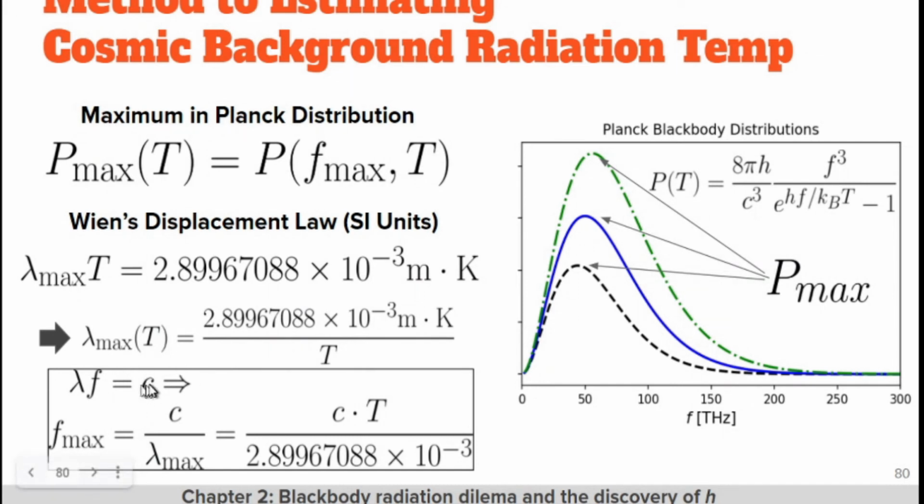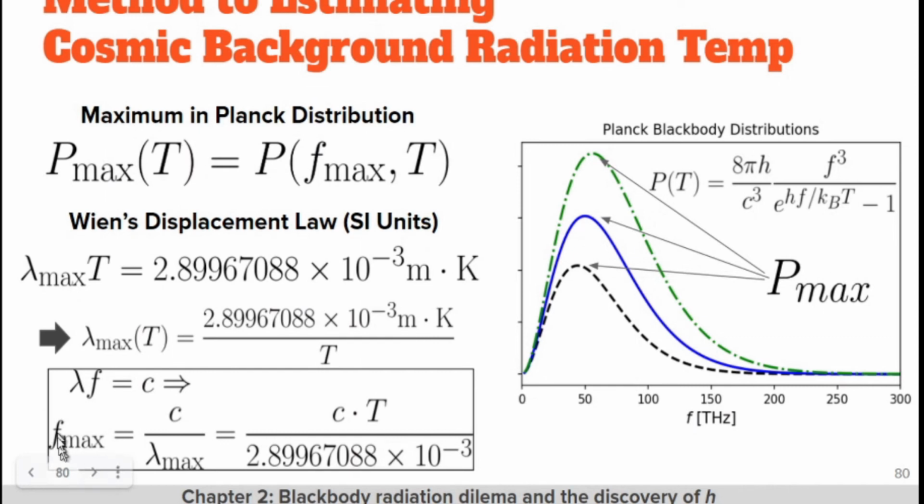So if we know this lambda max, then we can figure out the corresponding frequency max, which is just c divided by lambda max. So we get this function, which is proportional to temperature. This little c here is just the speed of light, something like 3 times 10 to the 8 meters per second. And then this is just a constant multiplied by temperature. This is the value for the maximum frequency, or where on the curve this frequency occurs. And we know that this is true for these blackbody radiation spectrums. All right.